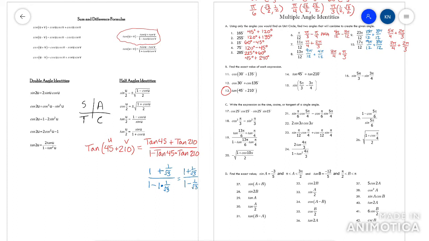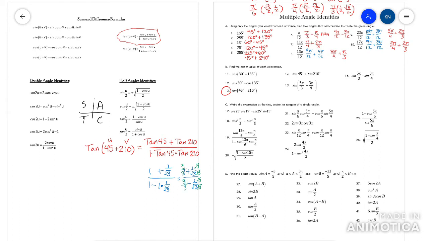And in terms of high school, you could probably get away with having that as your answer. However, if you wanted to be perfect, you would need to rationalize your denominator for both of those fractions. And then you'll end up having to get a common denominator for both of those fractions.